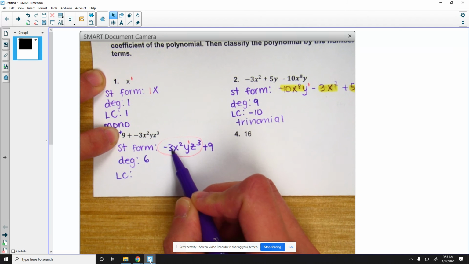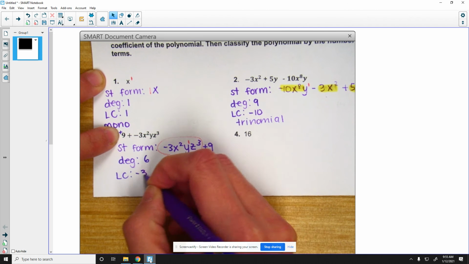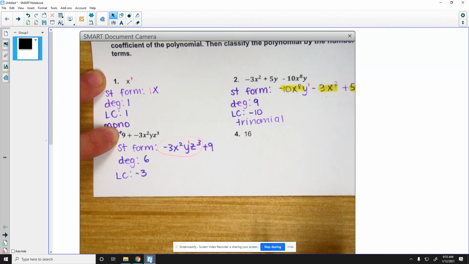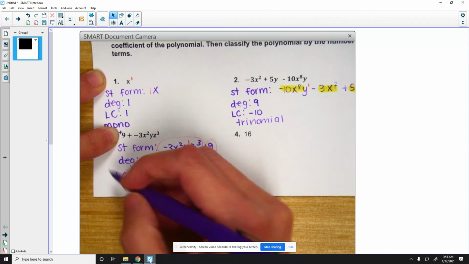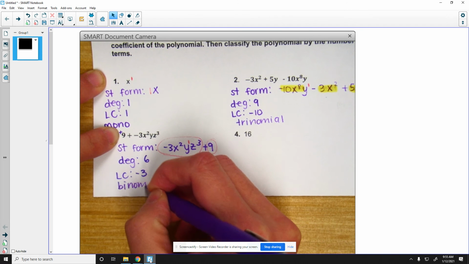After you put it in standard form, then what's in front? The -3. Finally, mono, bi, tri, poly. Someone different online. What do we think? Bi. Thank you, because there's 2, right? 1, 2 groups, so it's called a binomial.